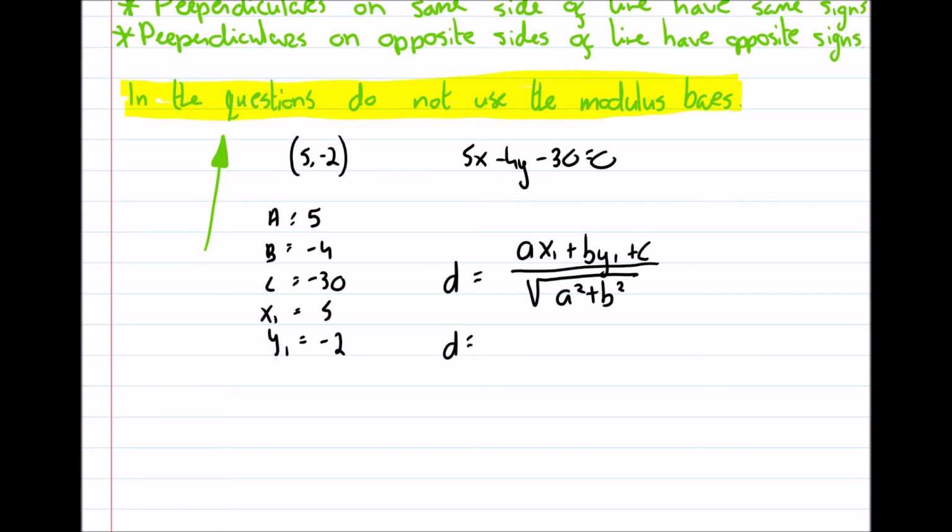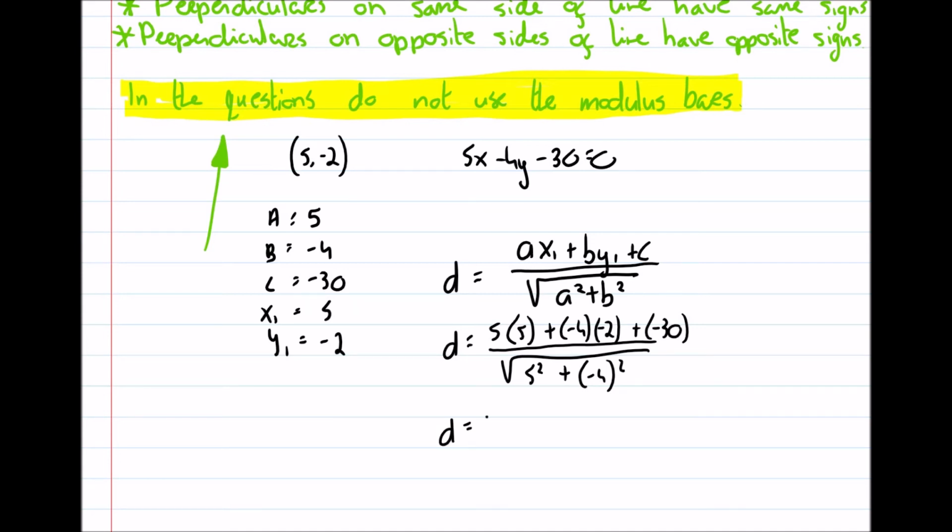So the distance equals 5 multiplied by 5 plus minus 4 multiplied by minus 2 plus C, which is minus 30. And that's all over the square root of 5 squared plus minus 4 squared.